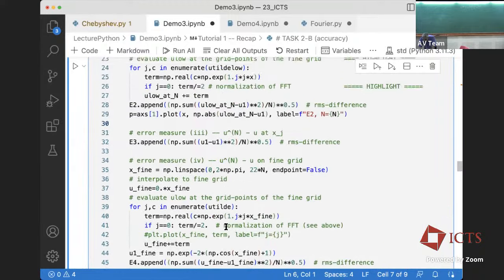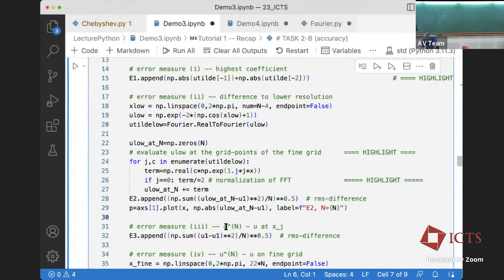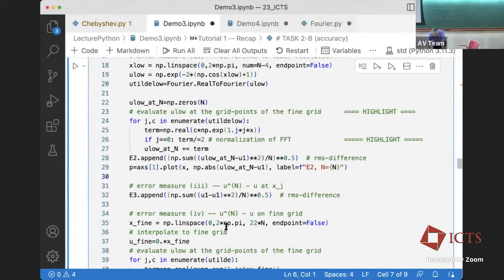The third one I asked you to do is, where's the third one? To take the difference of u_n and u at the grid points. That seems like a nice thing to do because you have the grid points already, and if you just use them, then you're getting around all this complicated interpolation business here, which looks short but is quite tricky.